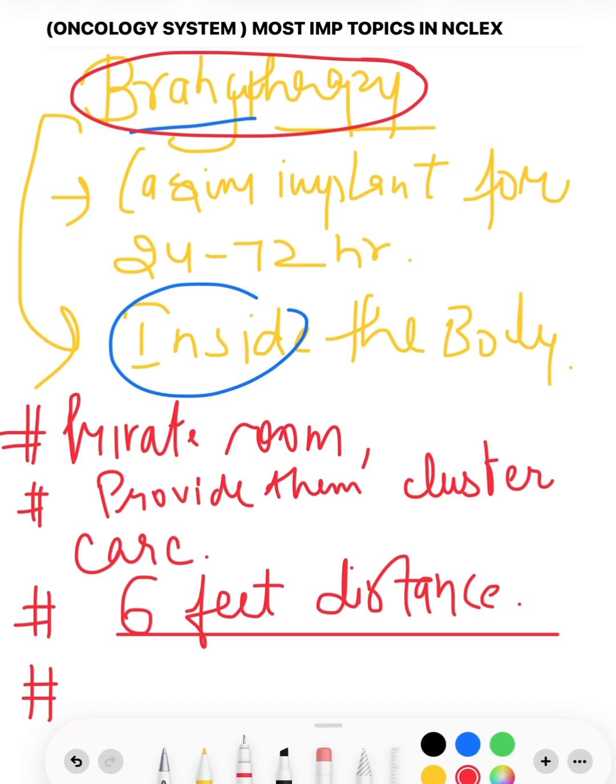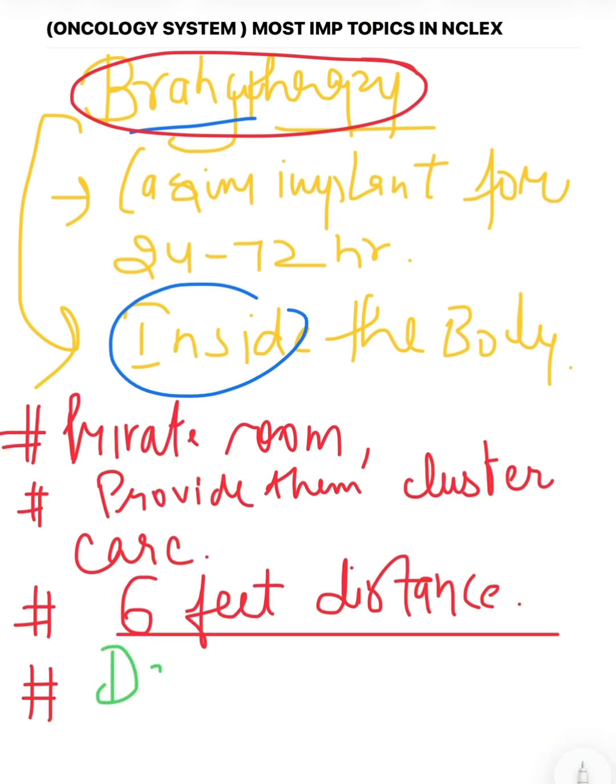In brachytherapy, staff have to wear a dosimeter all of the time.